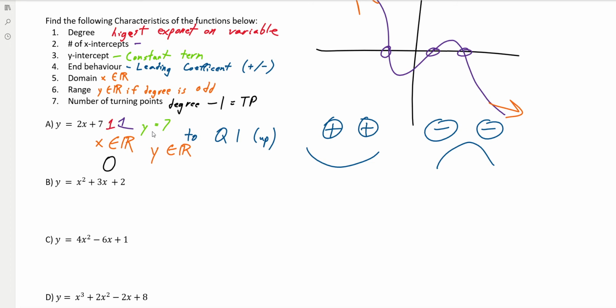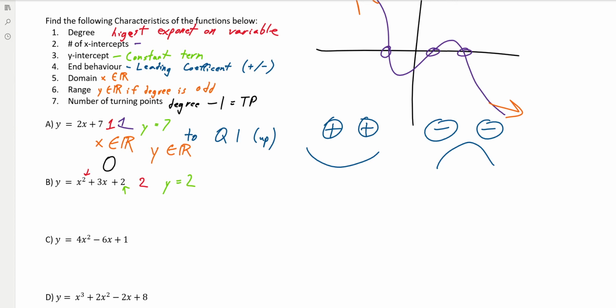The degree here is the highest exponent, so it's a degree of 2. The number of x-intercepts, we're going to have to take a look at the graph in a second, so we're going to skip that one. We're going to go to the constant term, which is the 2 here, so that's y equals 2.